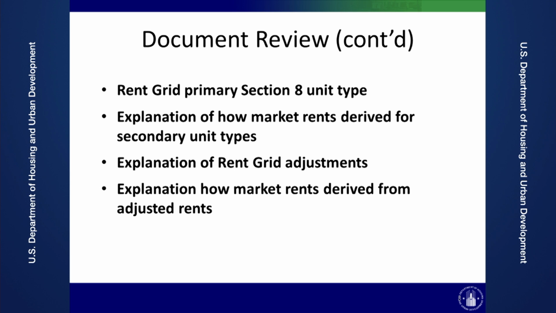Next, was there an explanation of how the market rents were derived from the adjusted rents? Again, all of these questions have to have been answered yes, or the initial reviewer needs to go back and take a second look and get the information back.